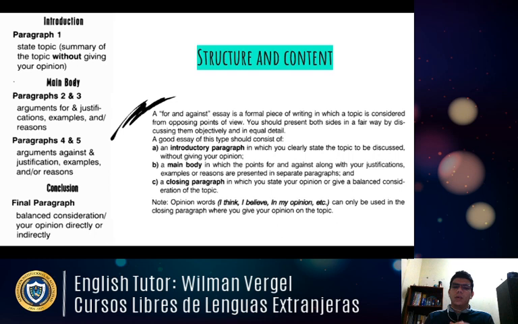Finally we have the concluding paragraph, the final paragraph with balanced considerations. You say, for example, all things considered, we can say that... and in this paragraph you have to state your opinion, directly or indirectly.